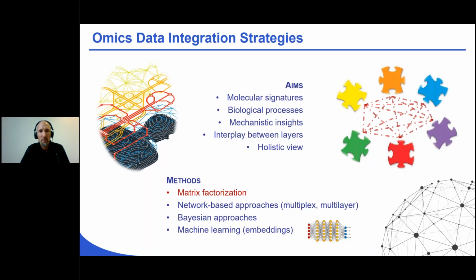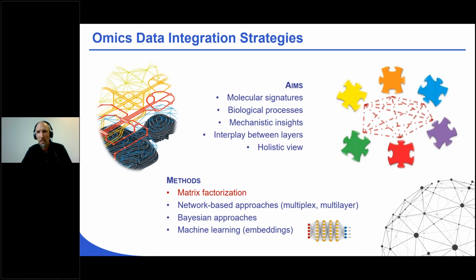We hope these signatures to be more complete, and to give deeper insights into biological processes. Then, of course, you may be interested in the integration of all your results into metabolic networks and things like that, to get more mechanistic insights into your systems.